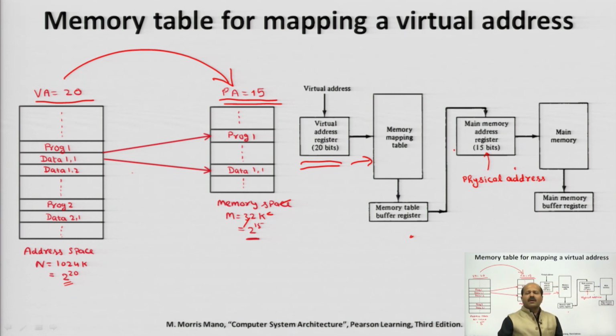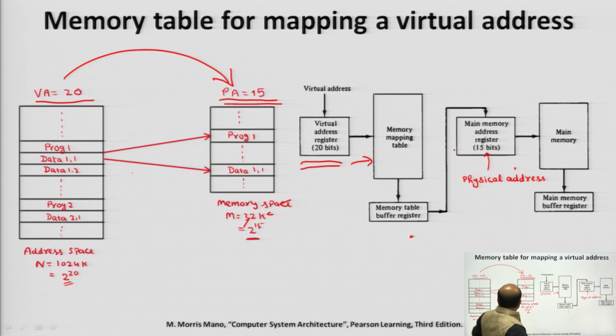So, in this concept of virtual memory, the auxiliary memory area or virtual memory area is divided into pages. You can say there are various pages stored in the virtual address space.